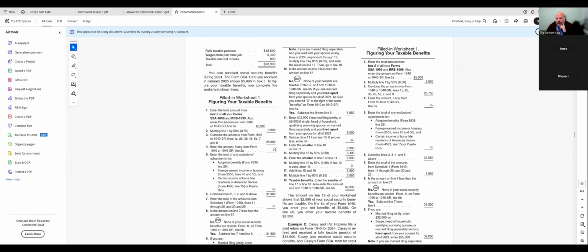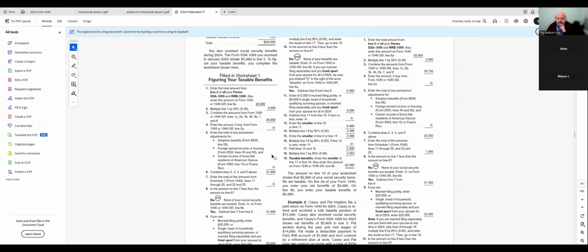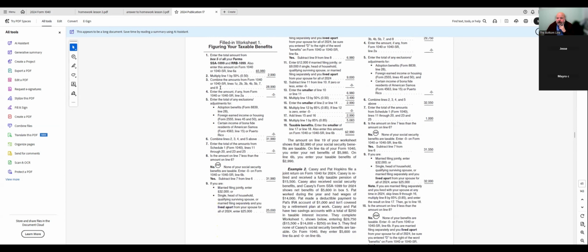So there's no 2A on the 1040. 2A is no income from tax exempt, no foreign income, housing allowances. So the total income is the 28,990 plus half of Social Security, 31,980.